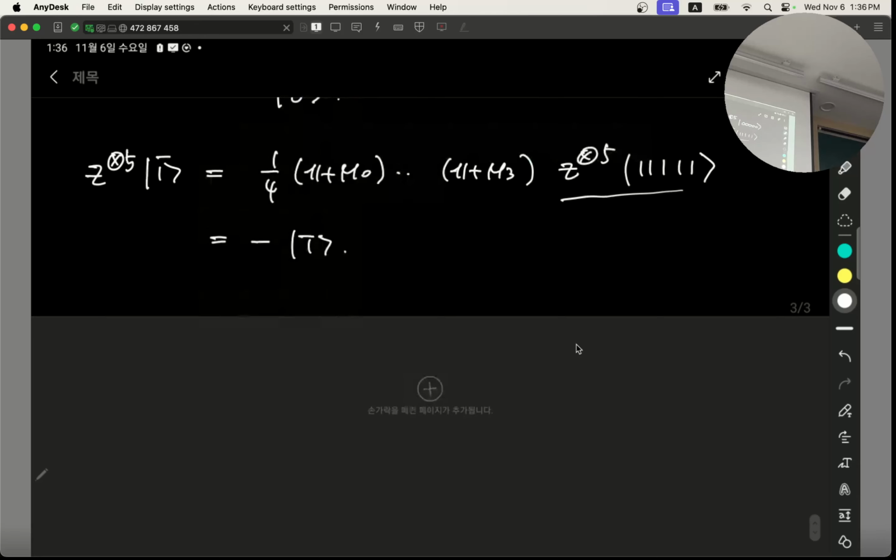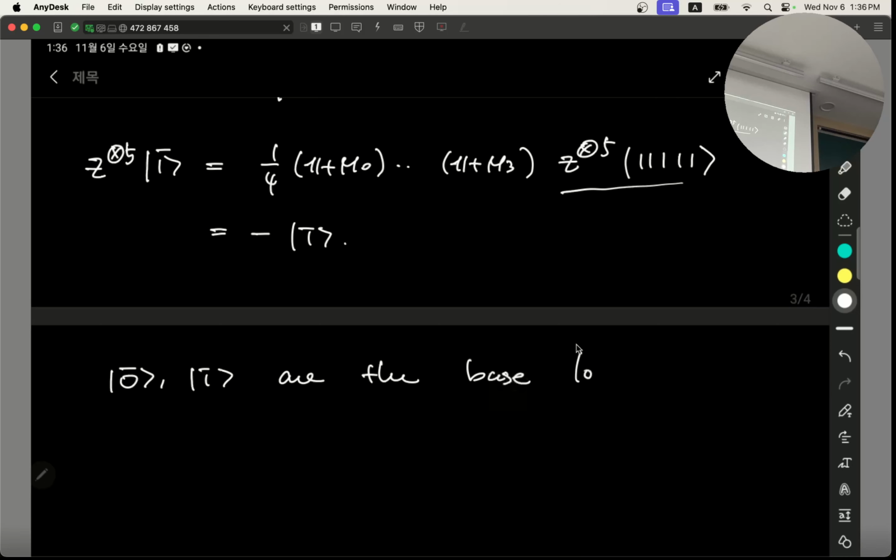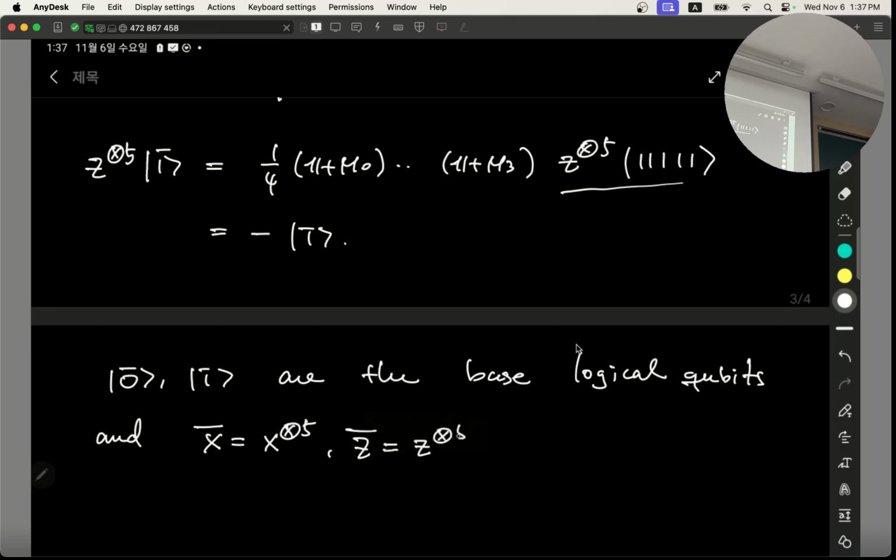So here, 0 and 1 are the base logical qubit, and now I'm going to denote x bar as X on every qubit, five times, and z bar likewise. They are the logical X and Z gate.